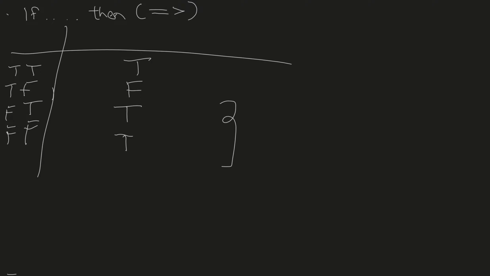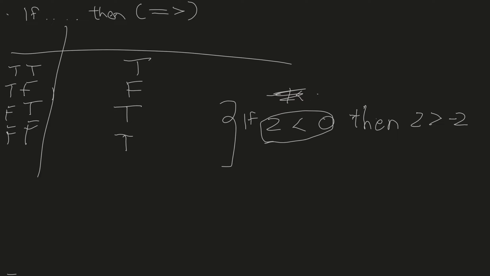For example, let's look at this: if 2 is less than 0, then 2 is greater than negative 2. Well, the first statement is obviously false and the second statement is true, but that doesn't matter.